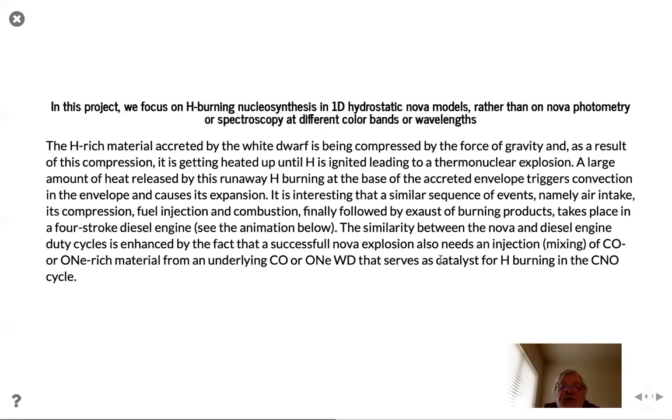It is interesting that a similar sequence of events, okay, this is just an interesting coincidence. A similar sequence of events, namely air intake, its compression, fuel injection, and combustion, finally followed by exhaust of burning products, exactly like in novae, takes place in a 4-stroke diesel engine.